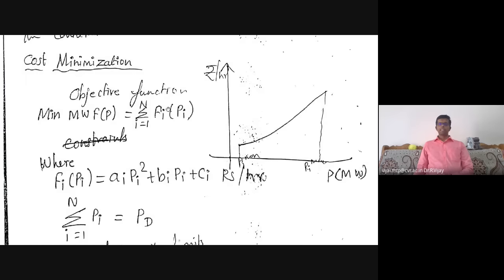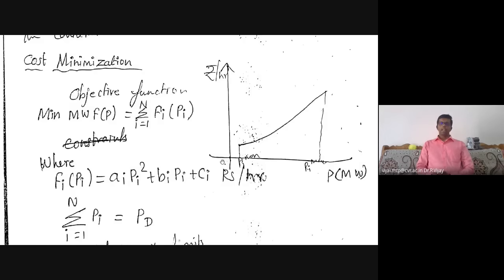Next, F_i of P_i we already derived: it is a_i P_i squared plus b_i P_i plus c_i, in rupees per hour. No need for much explanation; if you have any doubts regarding this formulation, go through my previous videos.